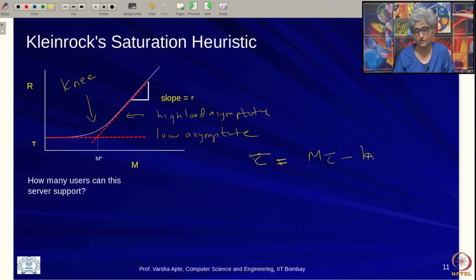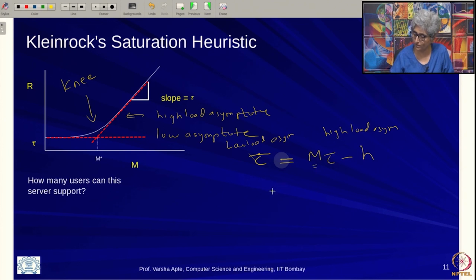Remember, this is what we had derived earlier. We want to find the intersection where the low load asymptote and the high load asymptote are the same, and we want to find the M.